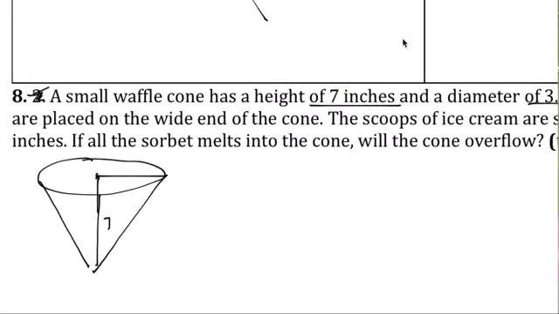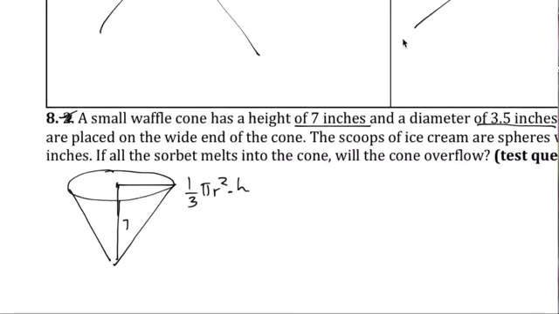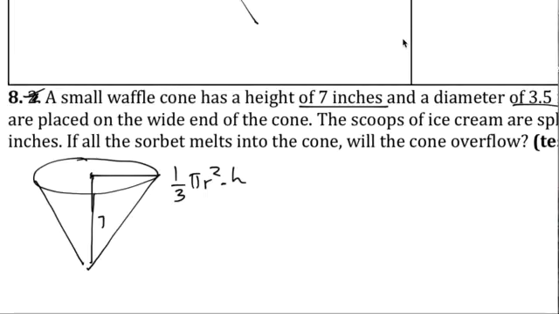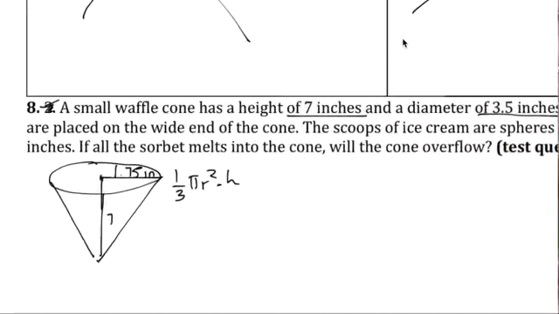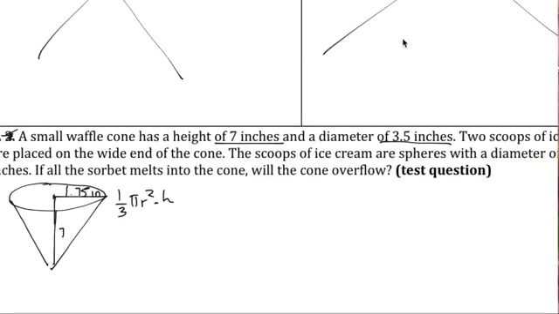The volume of a cone is 1/3 pi r squared times height. The radius is half of 3.5, so 3.5 divided by 2, the radius is 1.75 inches. Okay, that's the cone.